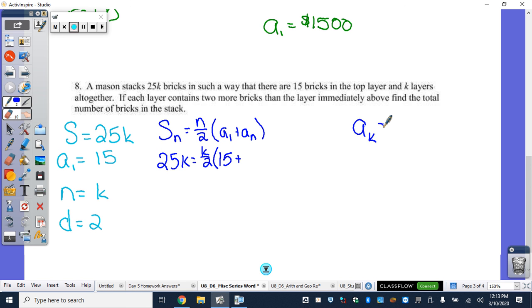But again, for n, they told us to use the letter K, so really it's our A sub K. So that's going to be the first plus the common difference times K minus 1. So distribute our 2, combine our like terms. We get 2K plus 13. So our last layer is 2K plus 13.